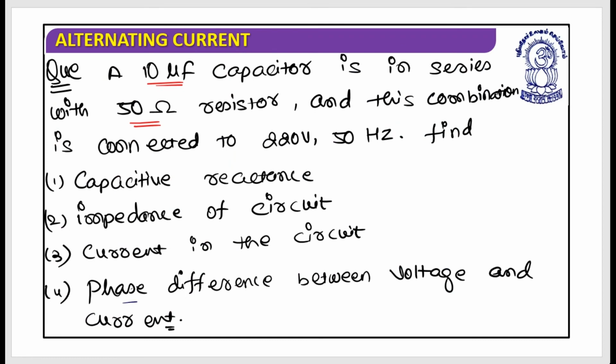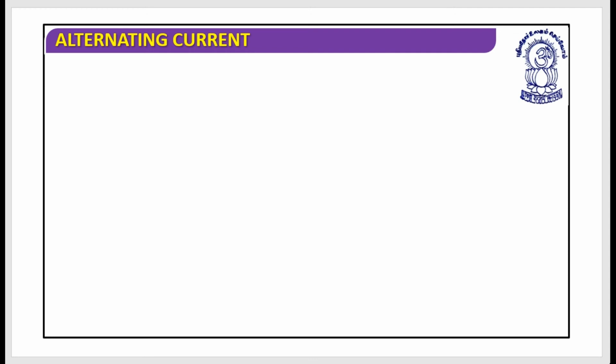And last, I need to find out the phase difference between voltage and current. To find it, let's plot the impedance triangle. This is phi, this is R, this is Z, this is Xc.